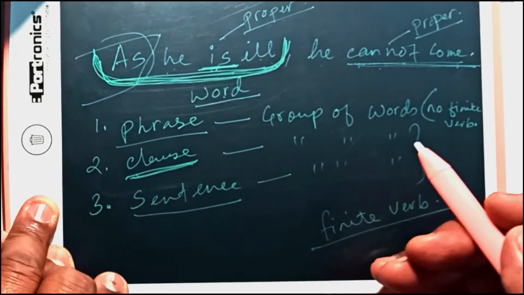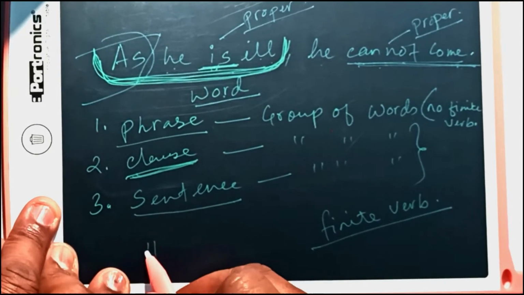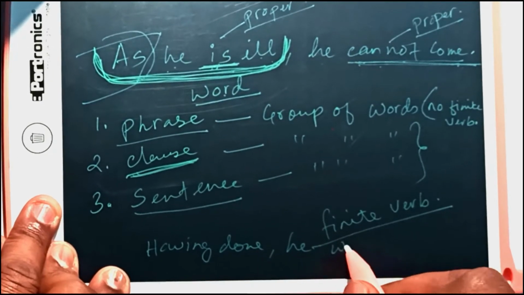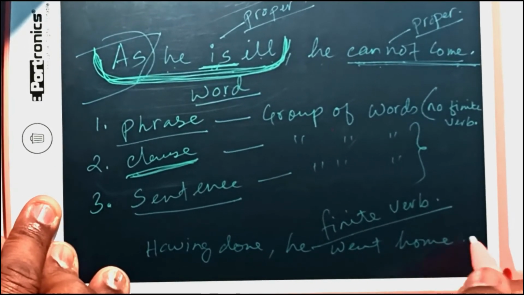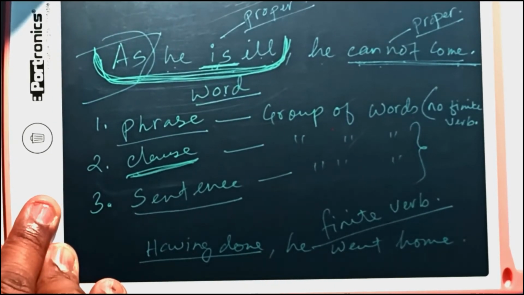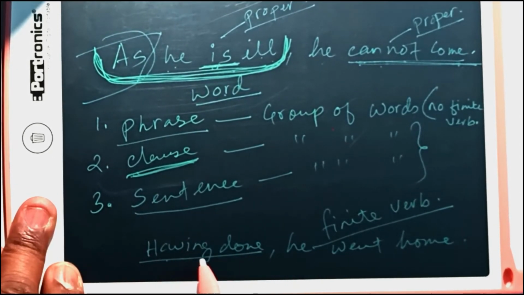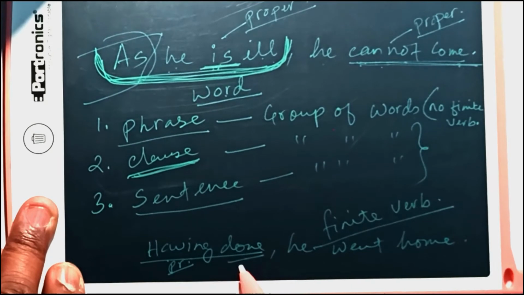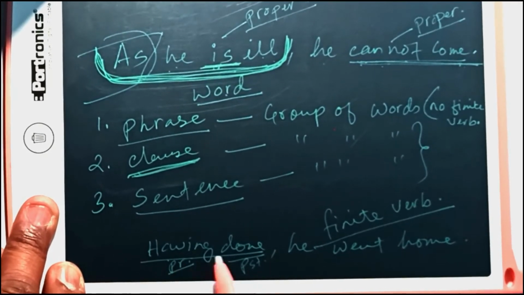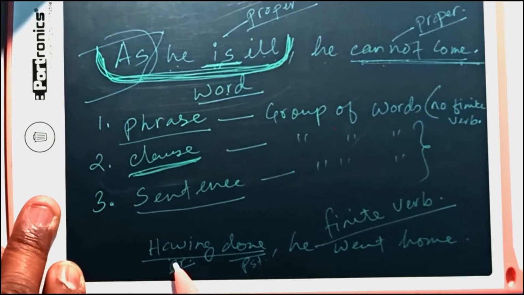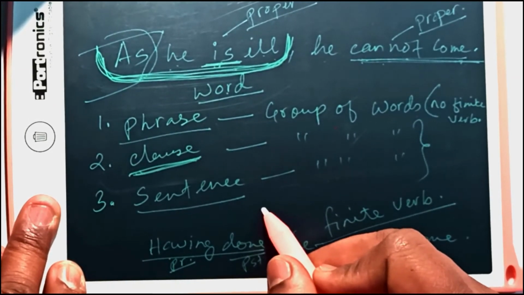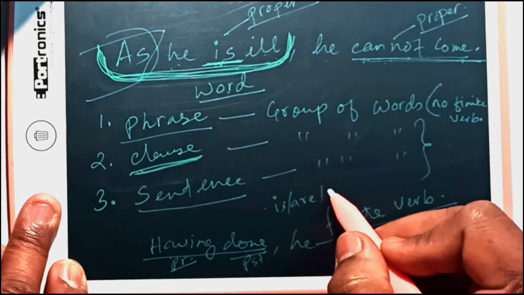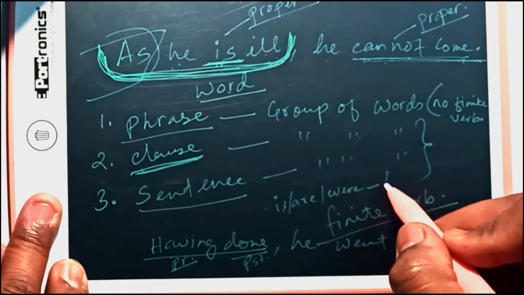But sometimes you will see sentences like this: having done, he went home. Now you see this combination of words, having done. We have a present participle here and a past participle here. Look at this combination. In a regular tense, this having is going to come with an auxiliary verb, is or are or were, like this, having.